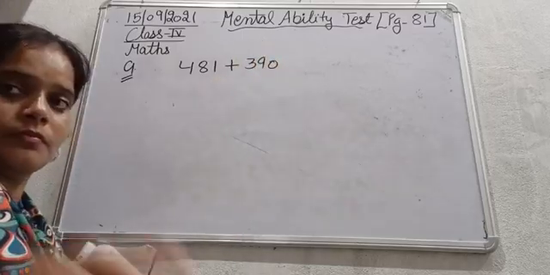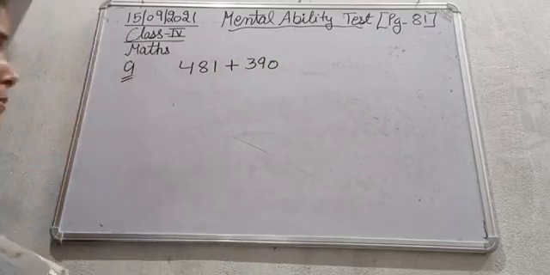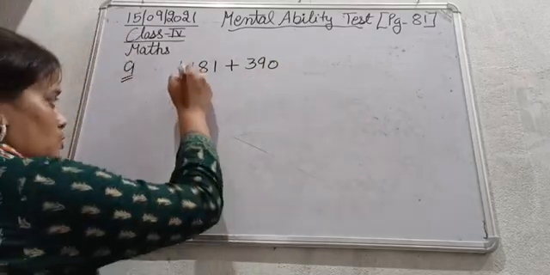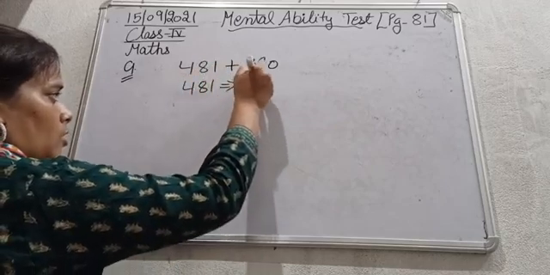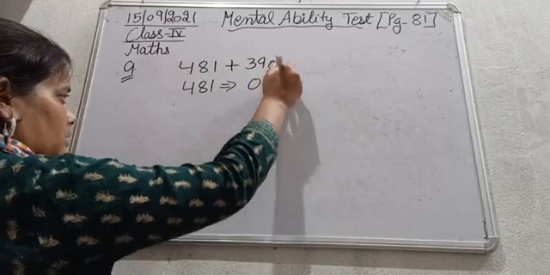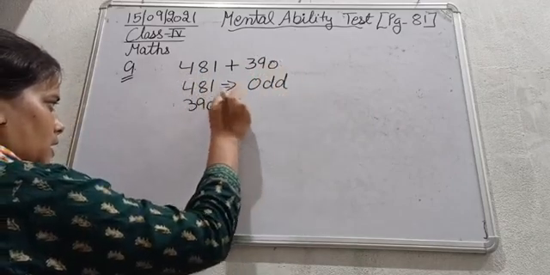481 plus 390. 481 is an odd number, whereas 390 is an even number.